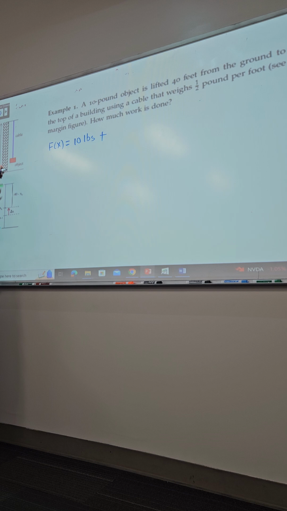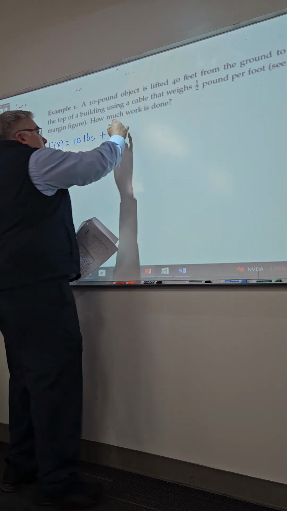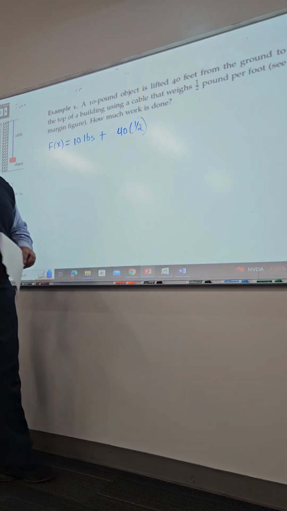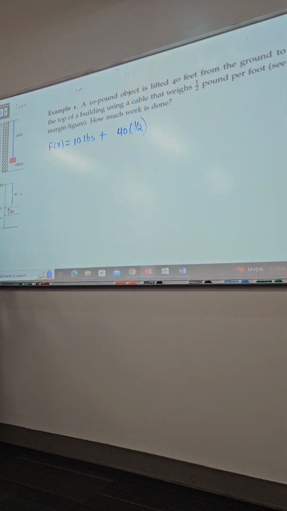Foot. We need to see how long the rope is. Well, the rope right now is 40 feet from the ground to the top. So to get the pounds of the rope, we multiply 40 times 1/2, because the pounds of the rope corresponds to the length of the rope, right?